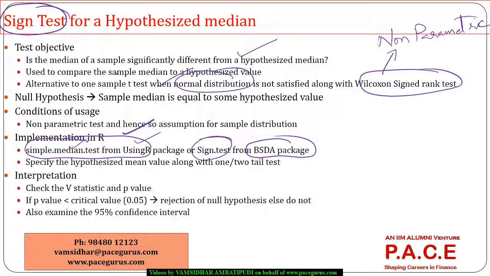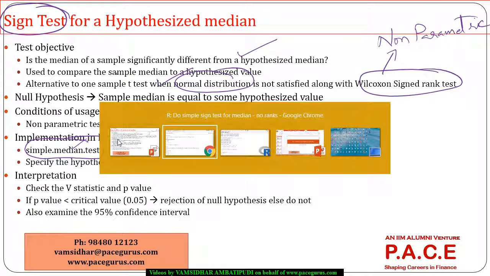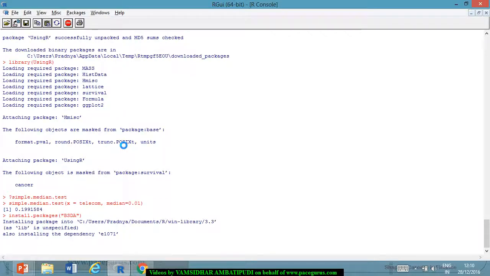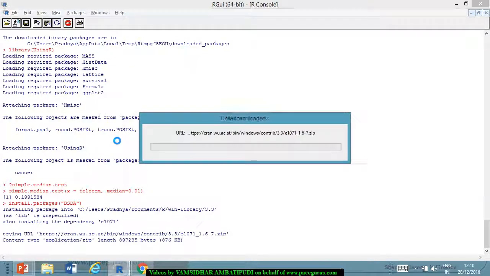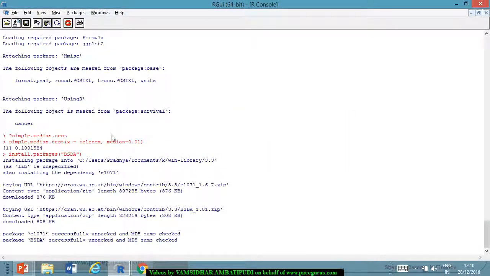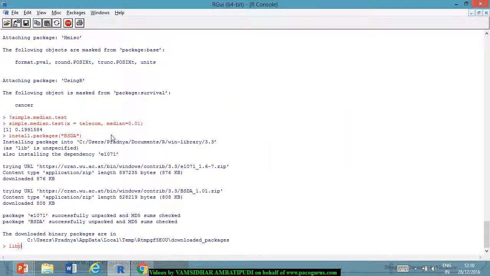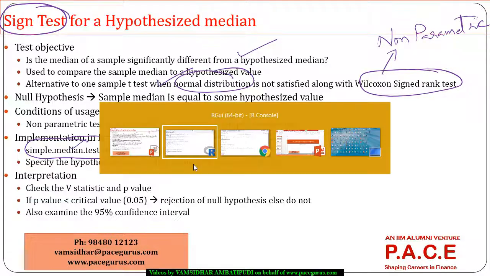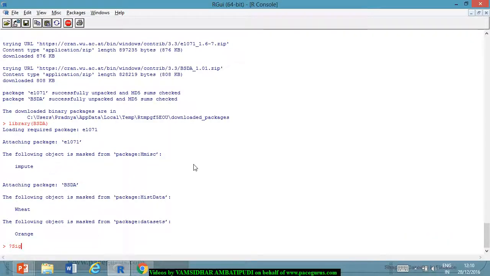Similarly, I can go with a BSDA package and go ahead with Sign.test. So even if I do the BSDA package, library, I do a BSDA. Now again I go with the Sign.test. That's it.